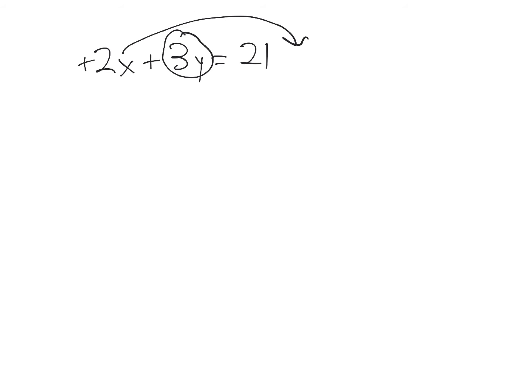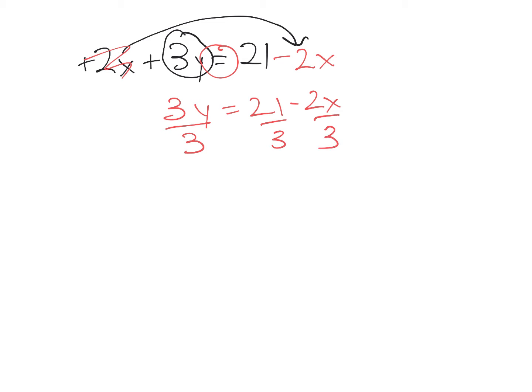It is a positive, so once we cross this equal sign, it becomes a negative 2x, and it goes away, right? Now we have 3y equals 21 minus 2x. We have to divide by 3, because 3 divided by 3 is 1, so we get y equals 7 minus 2/3 x.